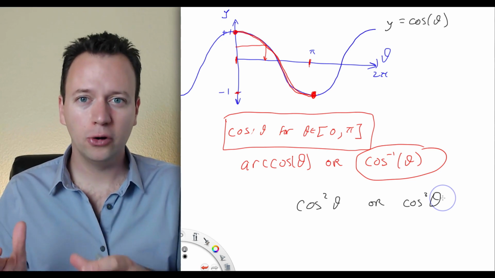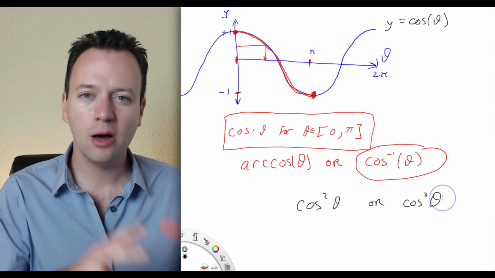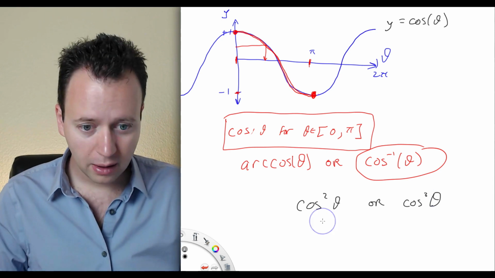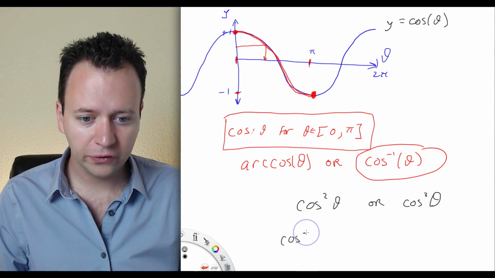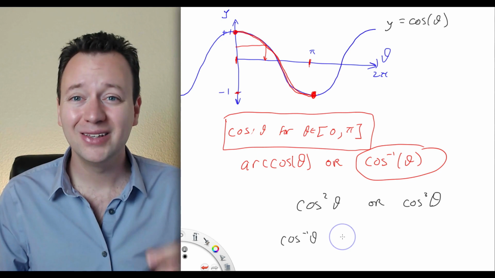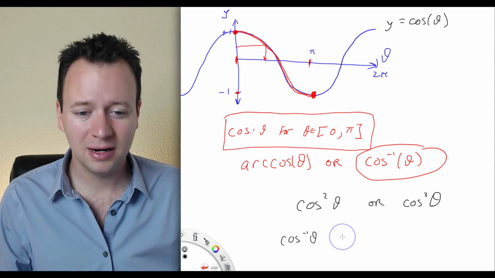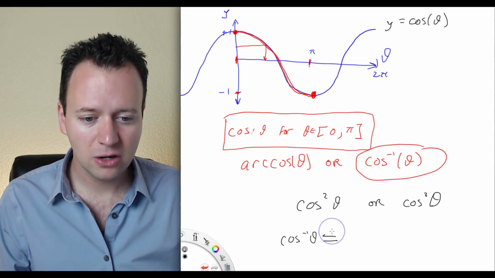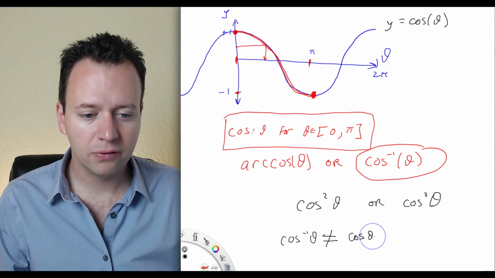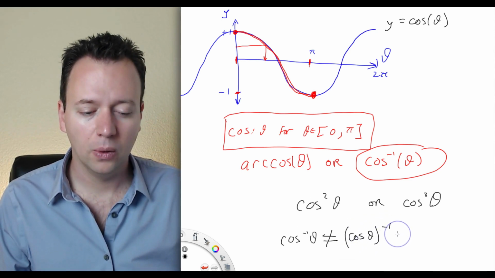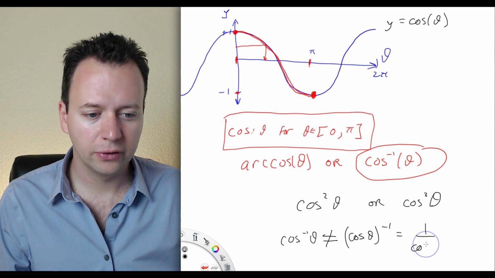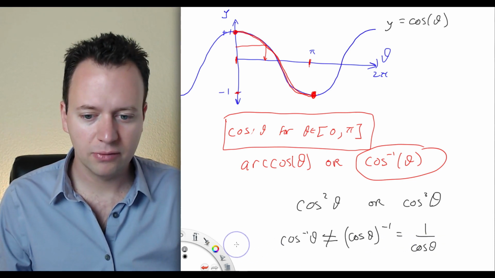So it's the output raised to the second power, or the output raised to the third power. However, cosine to the -1 theta is not cosine of theta to the -1. So that's not equal to cosine of theta to the -1, or 1 over cosine of theta.